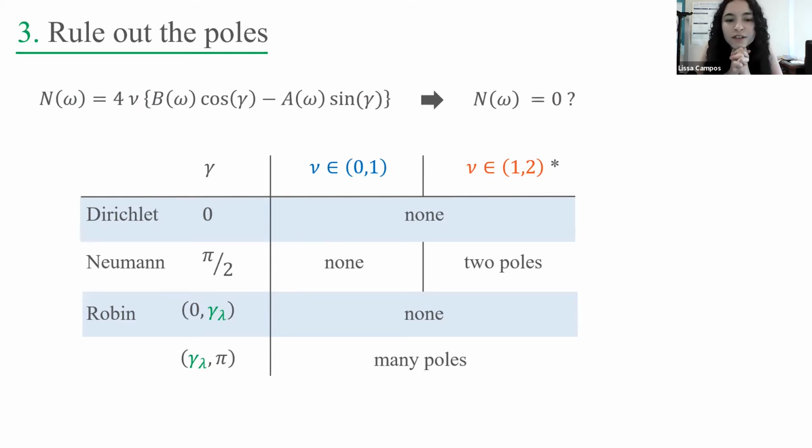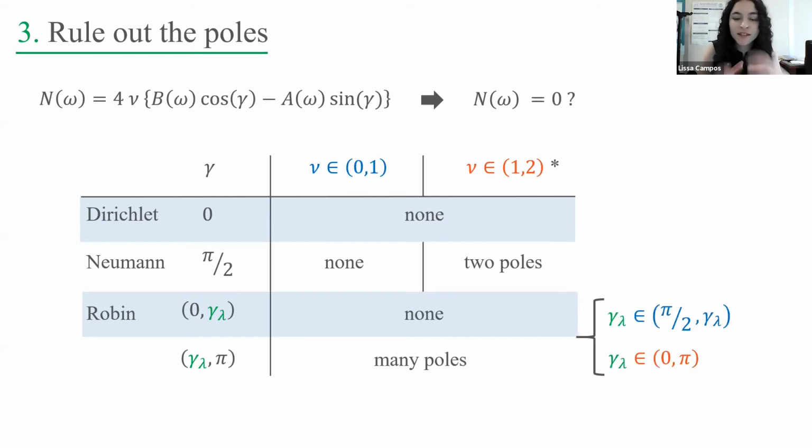So yes, there is an interval from 0 to a limiting value that we can impose for which there are no poles, right? But this limiting value is different for different masses. And yet, if nu goes from 0 to 1, we can impose many boundary conditions. Okay, I'm going to summarize this more precisely soon.